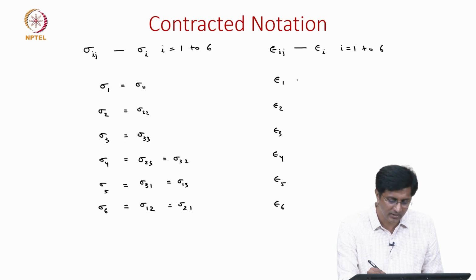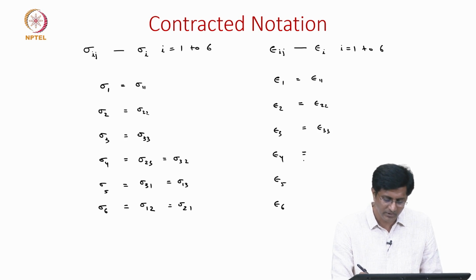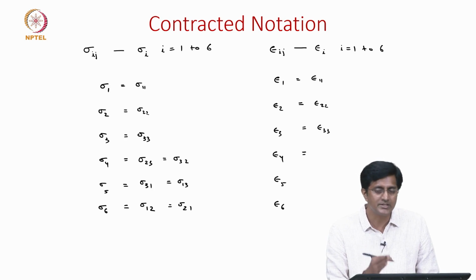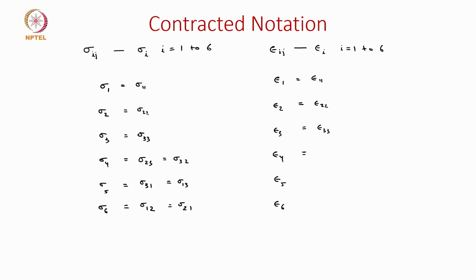The first 3 again are the normal strains, which are epsilon 11, 22 and 33. And here we should be a little careful, because for the shear strains in the contracted notation, instead of writing the tensor strains we write the engineering strains, which is gamma 23.